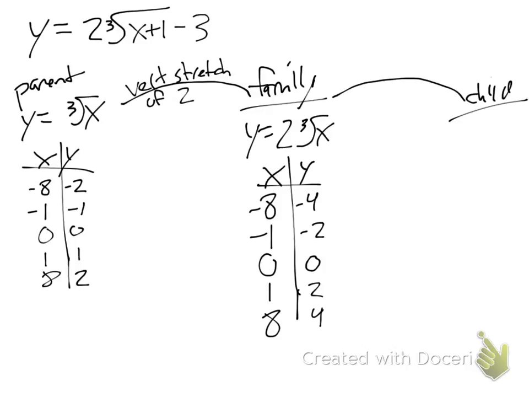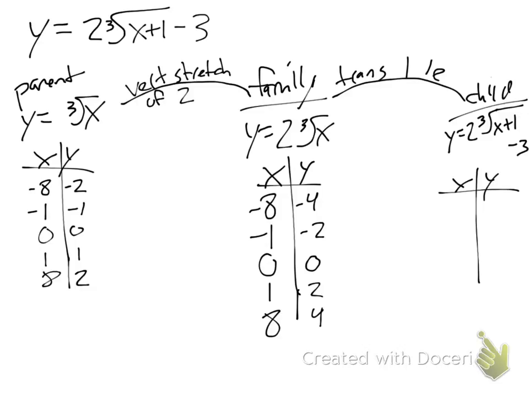We get to the child, which is translate the whole thing 1 left. That's where I ran out of room there. So we're going to say we are translating 1 left, and we're translating 3 down.